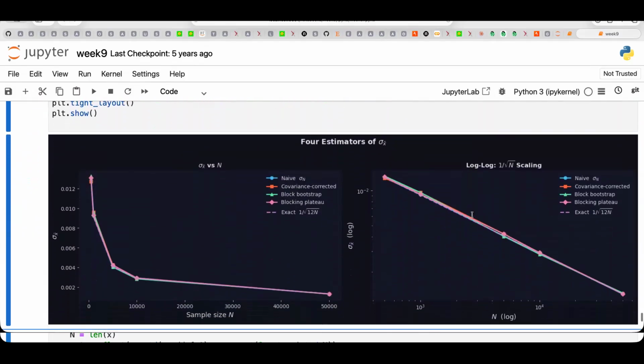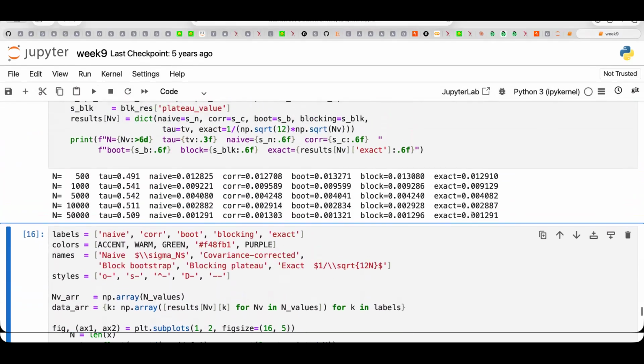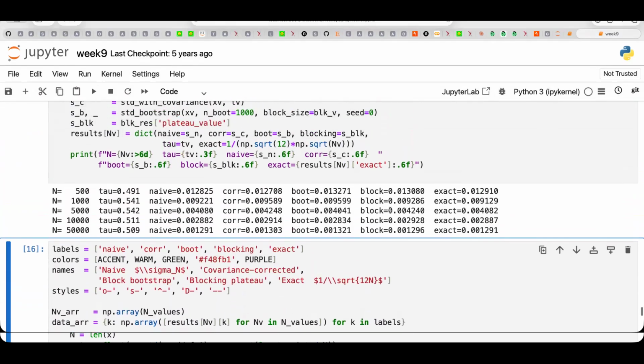Okay, so I'm going to stop here. Take a look at these codes if you want to. This is just an implementation of all these different ways of calculating the standard deviation. You can see that the naive result obviously has its limits.